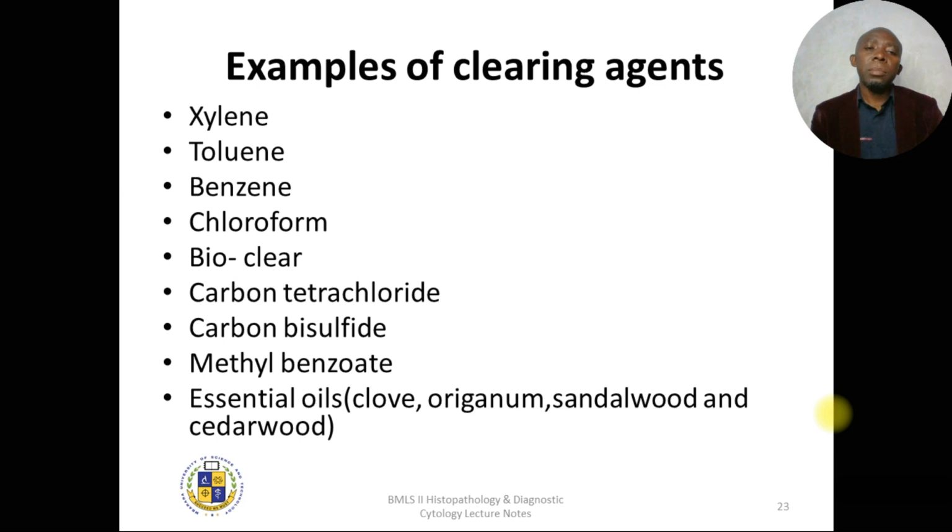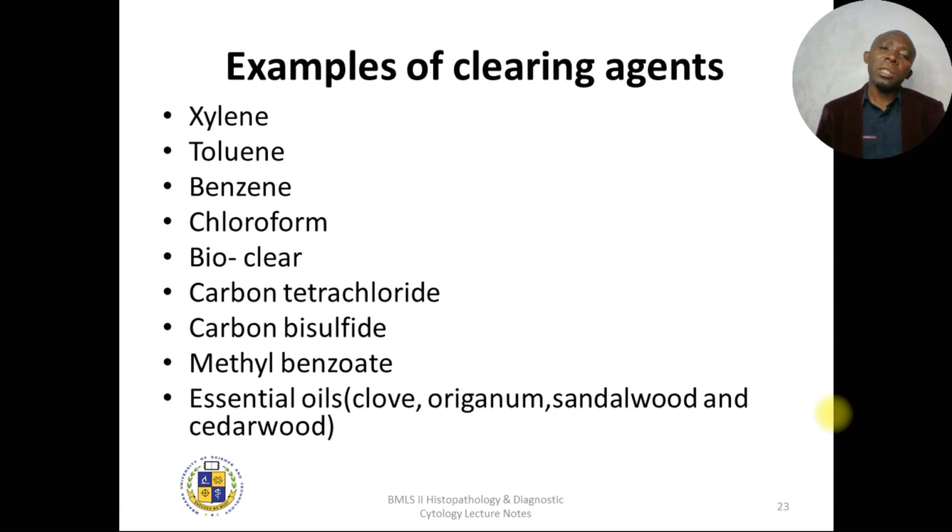Then we have toluene, benzene, chloroform, BioClear, carbon tetrachloride, carbon bisulfide, methyl benzoate, and essential oils, and these may include clove, origanum, sandalwood, and cedar wood oil. These all can be used as clearing agents among many others.